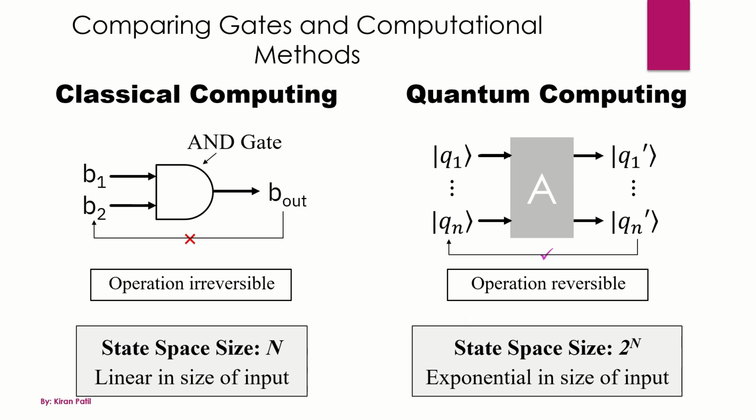Ket 0 is given in a matrix format like this: ket 0 is equal to 1 0. It is taking a two-state space, right? So that means it has 2 raised to n state space required, because we are representing only one qubit with the two-state space.